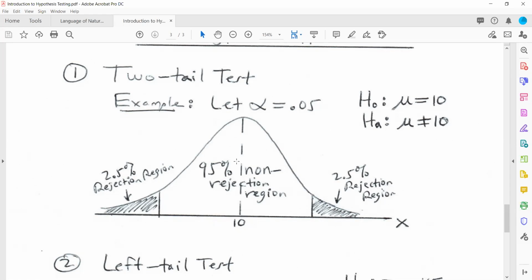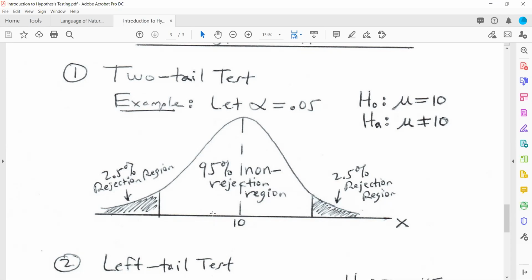All right? And we say we reject it and we go with the alternative hypothesis. If, however, the sample mean is inside this area that's not shaded, somewhere along this number line that's not shaded, in this 95% non-rejection region, we say that there is not enough evidence to reject the null hypothesis.